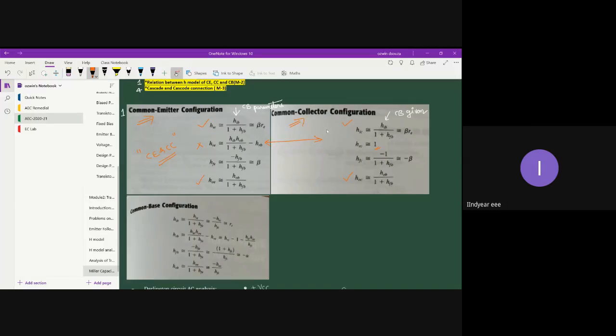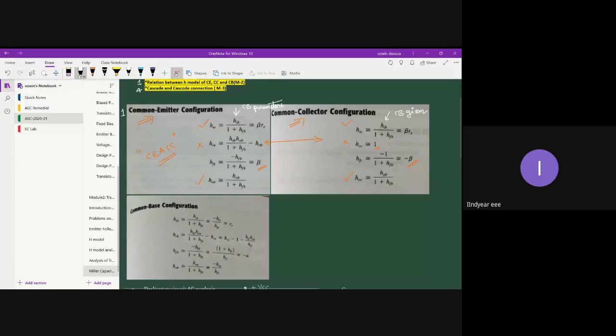Only HRE is differing. HFC also, to some extent, follows the same expression, HFB divided by 1 plus HFB. I'm very sure that there is some print mistake in Boylestad, because they have taken HFE as beta, and HFC also as beta. Hence, in the numerator, you have to have the same terminology.